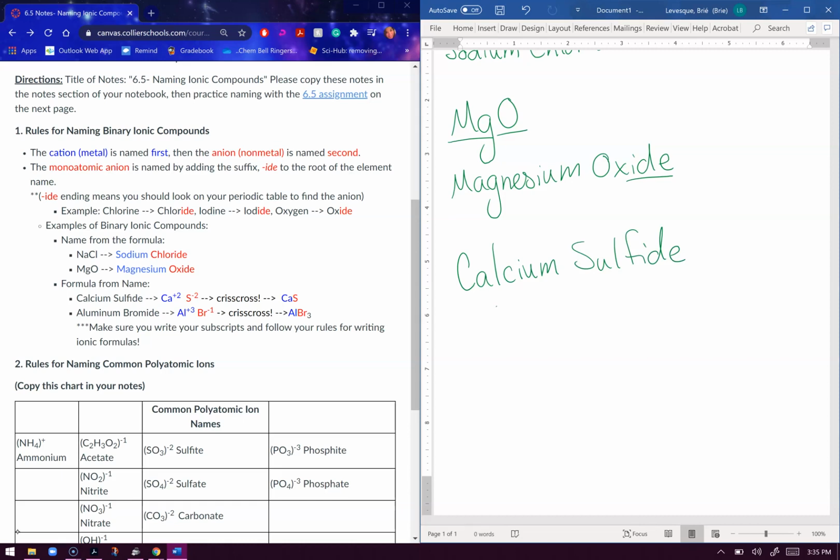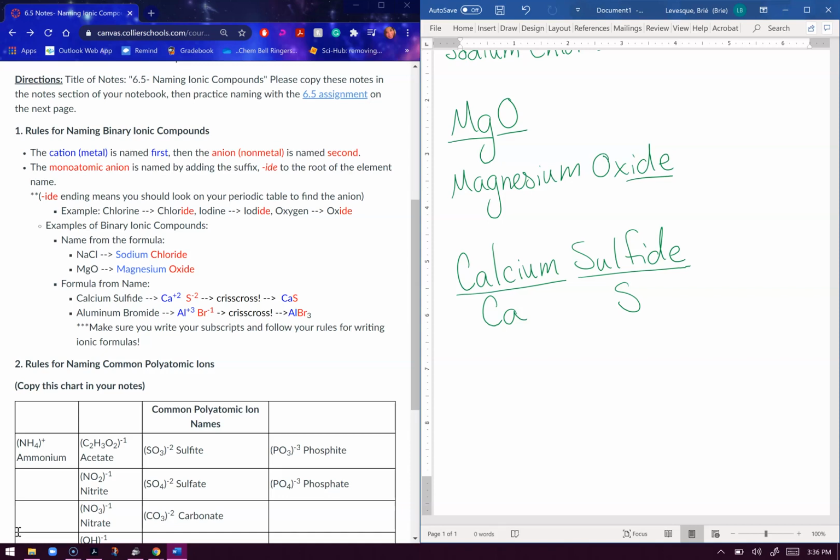We know this compound is going to contain calcium, Ca, and sulfide is most likely going to be sulfur. We can drop the IDE ending and find what the most likely element is. So sulfide is likely going to be sulfur. Now we have to find our charges. So this is the hard part. When you're determining the formula, you have to look at the charges on the ions.